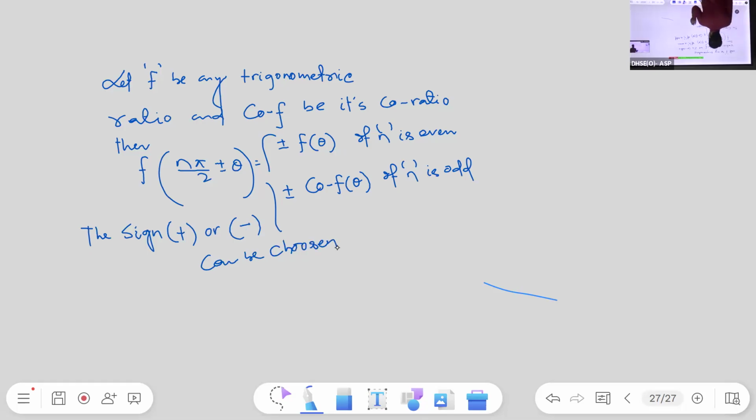The sign plus or minus can be chosen according to the ASTC rule.